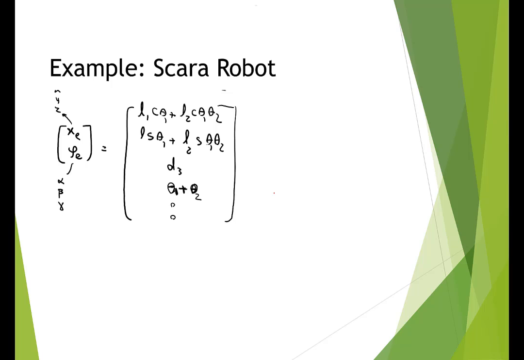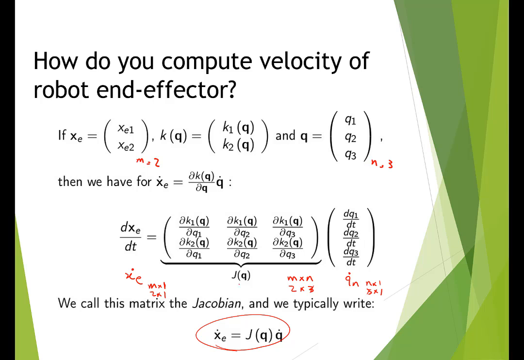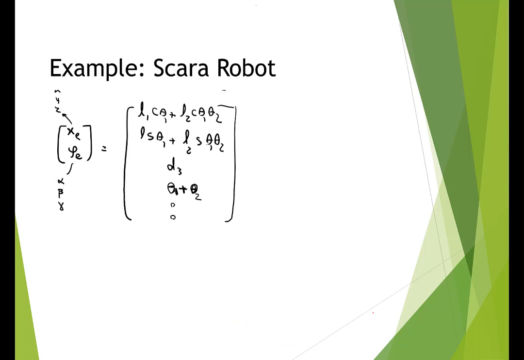Taking the derivative of this with respect to time and using the Jacobian equation, our end effector position and angle velocity is the Jacobian times our joint velocities, where there were 3: theta 1 dot, theta 2 dot, d3 dot, the velocity of the joints.